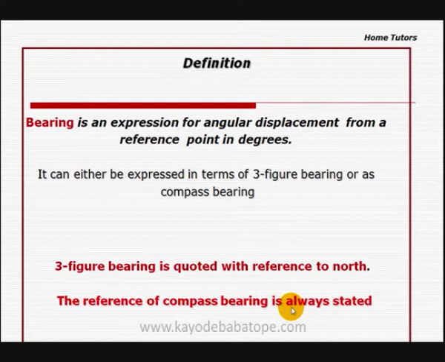South 20 degree east means beginning from the south, move 20 degrees towards the east. So the reference is not necessarily north, but the appropriate reference is always quoted. However, with three-figure bearing, you will hear things like 274 degrees, 025 degrees. The reference is always from the north.